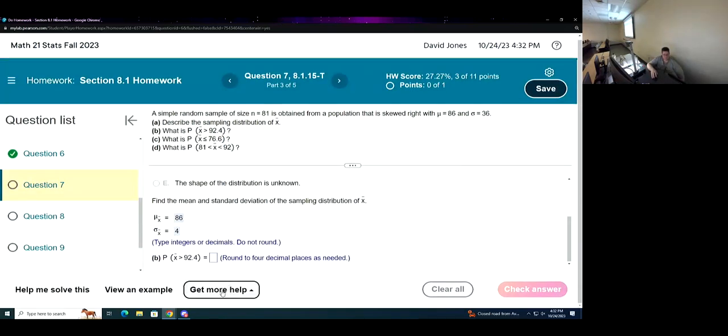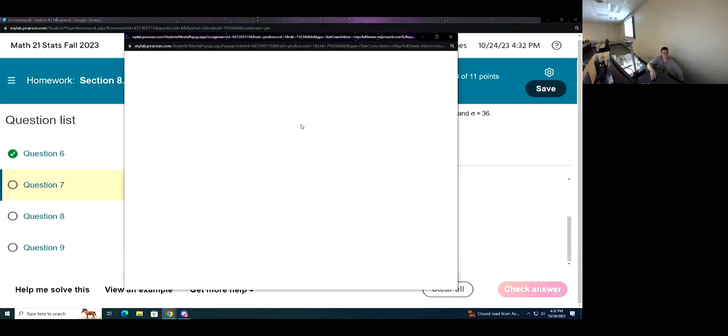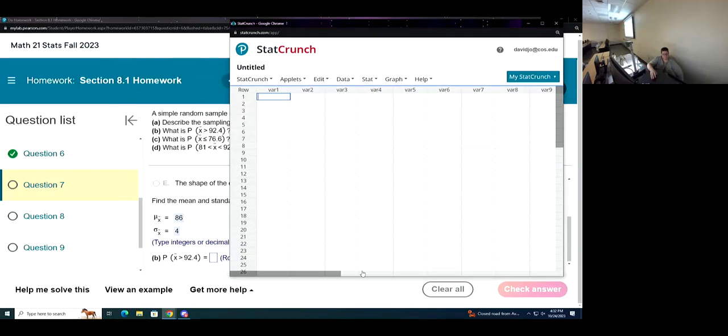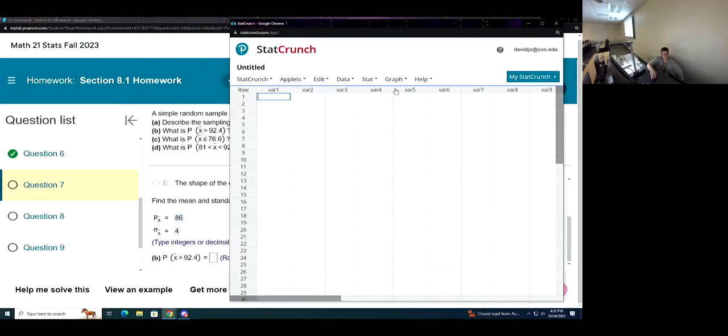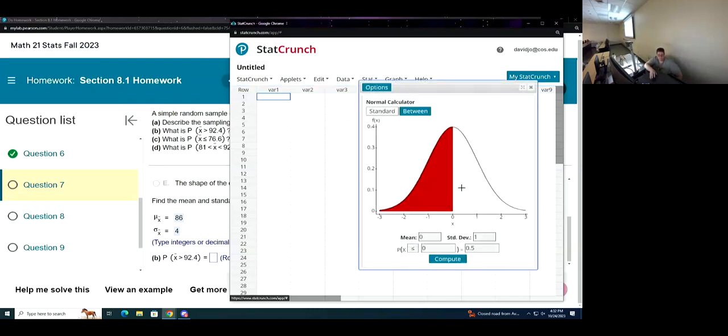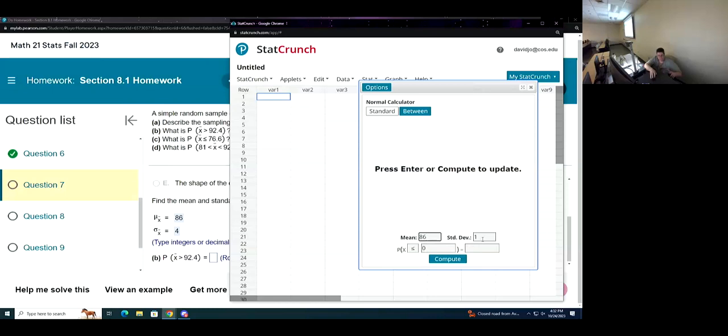And now we need StatCrunch for these. Stats calculator is normal. We're gonna do 86 and 4.